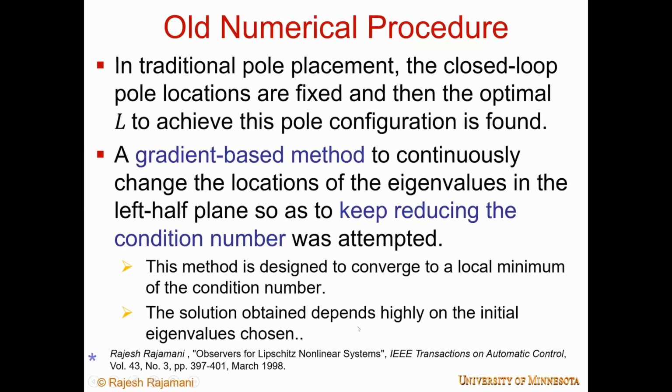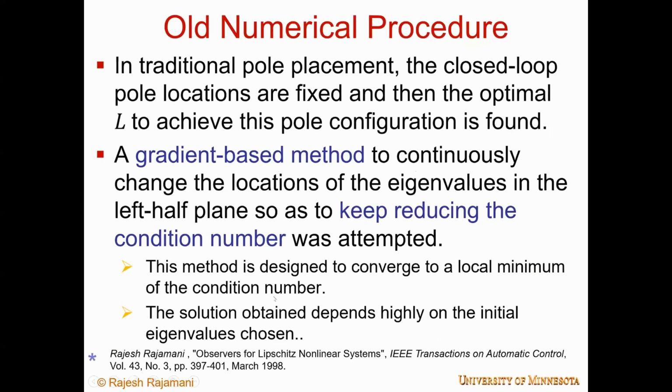Based on these results, an old numerical procedure was developed. This was a gradient-based method in which the locations of the eigenvalues were continuously changed in the left half plane, so that the condition number of the eigenvector matrix was reduced. It's a numerical procedure to keep reducing the condition number of the eigenvector matrix by changing the locations of the eigenvalues, and it was designed to converge to a local minimum of the condition number.